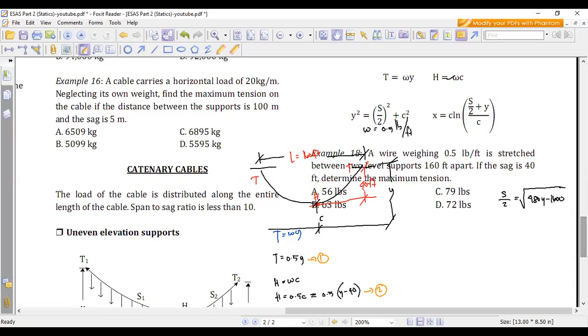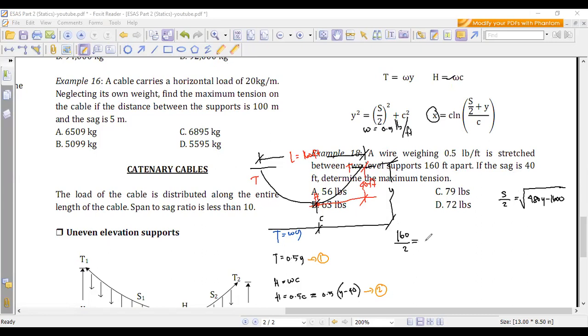This is x, so x is 160 over 2. So this is actually x, half of the horizontal distance, because the support is even.